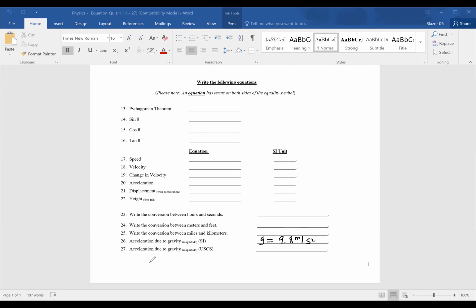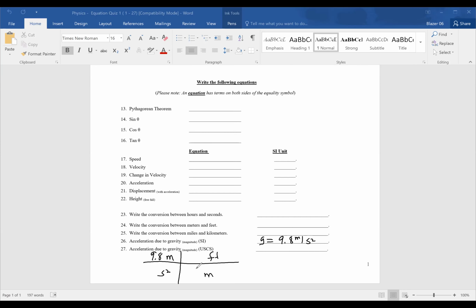So of course, let's just do a quick conversion here. If I have 9.8 meters per second squared, what I'm saying is I don't want meters, I want feet.